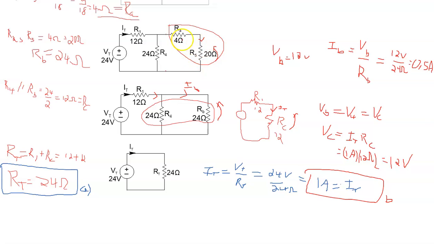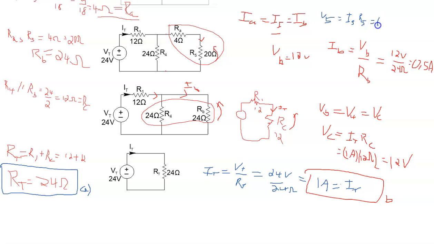So that means that now we can say for this circuit right here, IA equals I5 equals IB. Why? Because IA and I5 combined to give us RB. And so that means that this here is IB. And so if I5 is IB, then that will allow us to say now that V5 is equal to, by Ohm's law, I5 times R5.